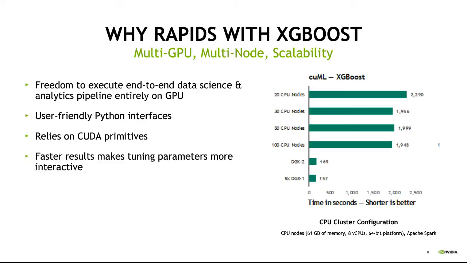Here we have a graph describing some benchmarks of GPU-accelerated XGBoost compared to CPU nodes of various sizes. The DGX2, which is for our purposes a single node of 16 GPUs, outperforms 100 CPU nodes substantially. 5 DGX1s, 5 nodes of 8 GPUs each, also substantially outperforms 100 CPU nodes.